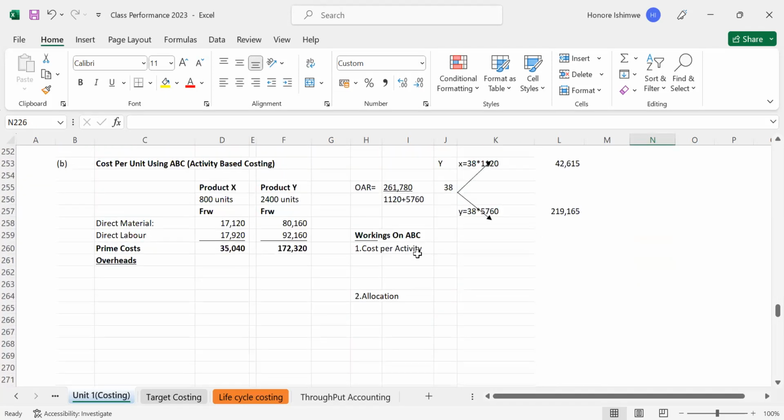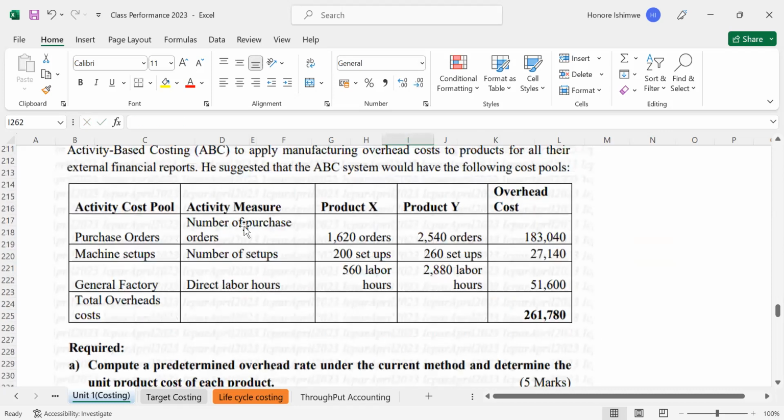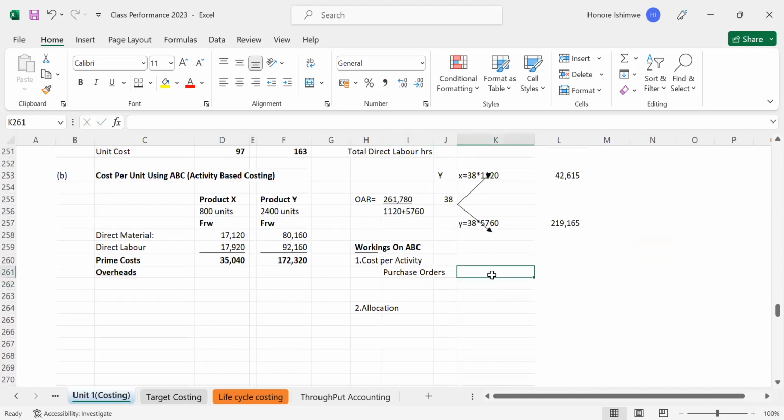Let's start with purchase orders. For purchase orders, I have to use the number of purchase orders as my measure, as my cost driver.